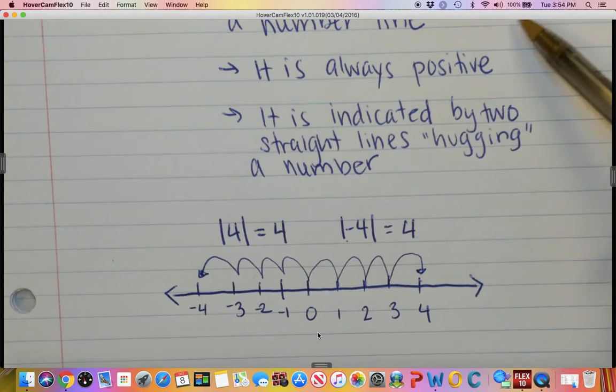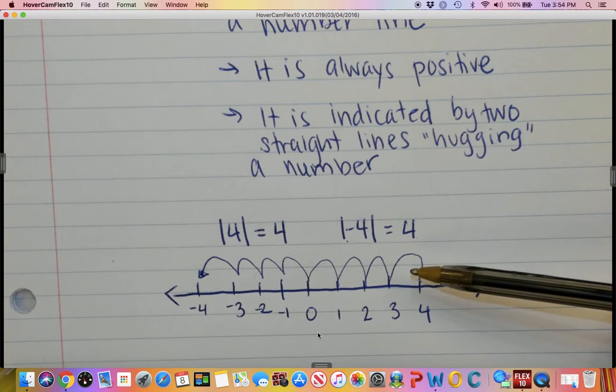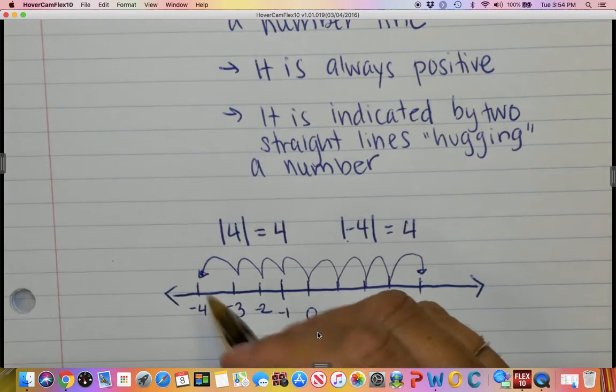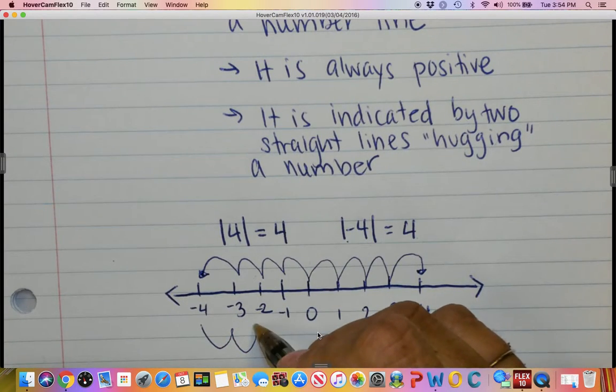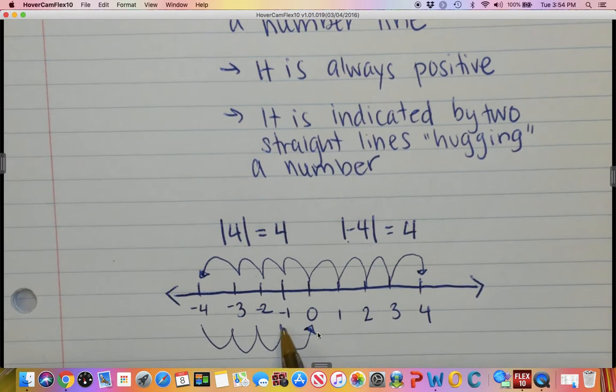The distance between a number and 0 on the number line represents its absolute value. It doesn't matter if the number is negative. The amount of spaces it is from 0 represents the distance. That's how far away from 0 it is.